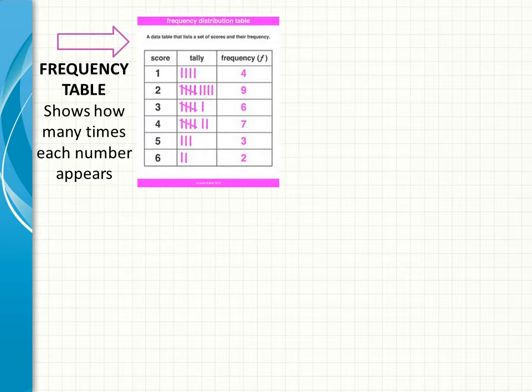If you count each of them, you will see that you have 4 on the first one. Score 1 has 4. Because it's talking about a set of scores, probably year 5 students' math scores. Those who scored 1, 4 of them scored 1. See the frequency? 4 people scored 1, and the tally is showing just 4 strokes. Those who scored 2, 9.